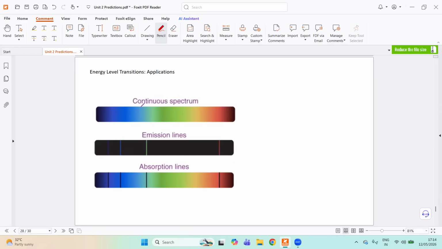For example, you have a continuous spectrum, but if photons are being emitted, for whatever reason, you end up with an emission spectrum. And if photons are being absorbed, you end up with an absorption spectrum. Emission spectrum could be for discharge tubes, and for absorption spectrum, the situation would be when you study light from stars. You'll see that it is not a continuous spectrum. There are some missing lines because photons are being absorbed.